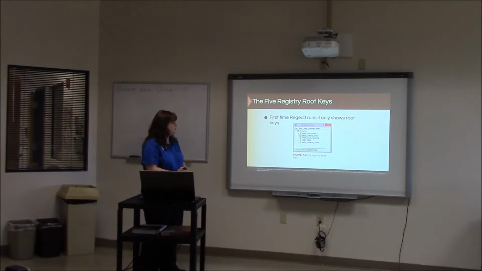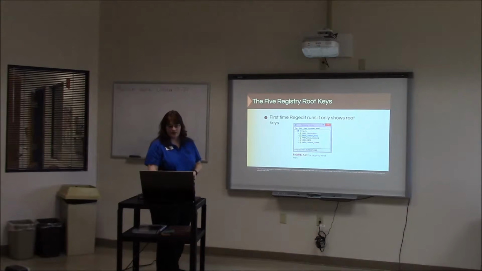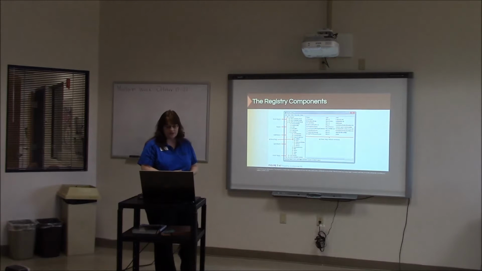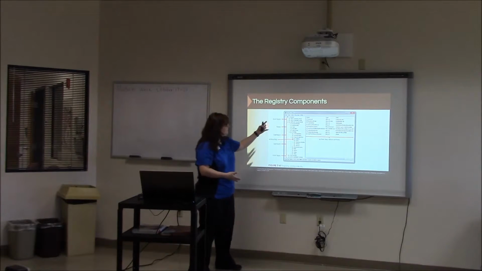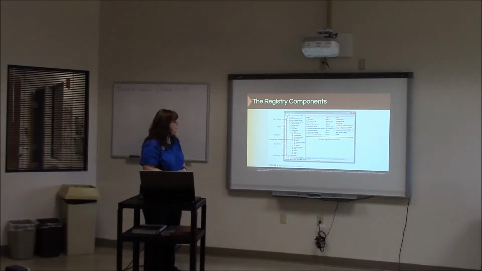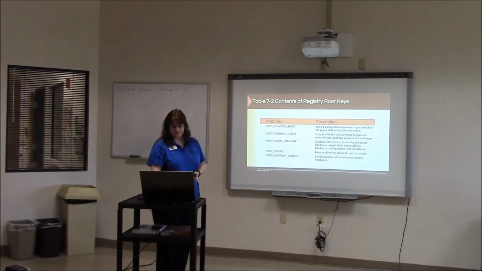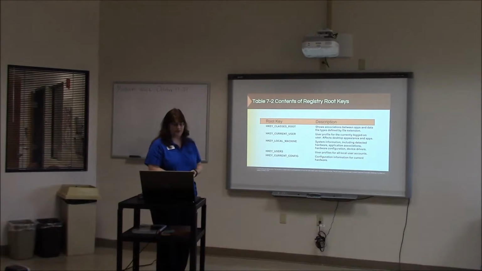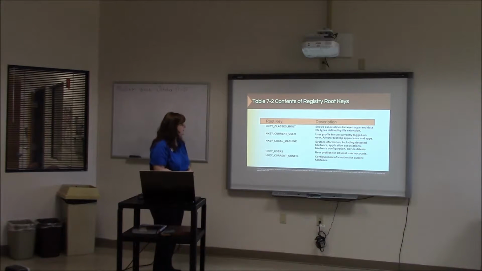The first time it only shows root keys, and then later on you'll be able to drill into these as you make system changes. It's going to put it here, and you'll see the different components of the registry kind of come to life. The different root keys are listed here. You need to sort of have an idea of what things are in these root keys.